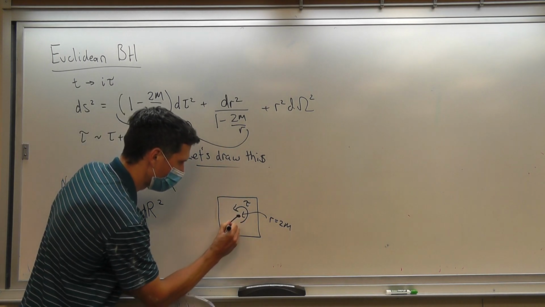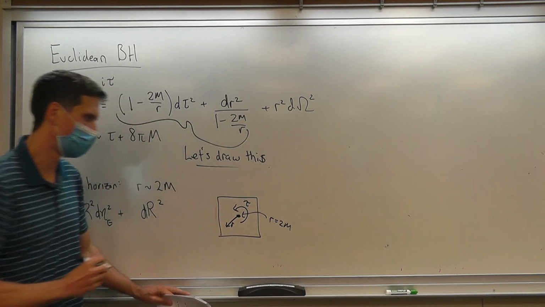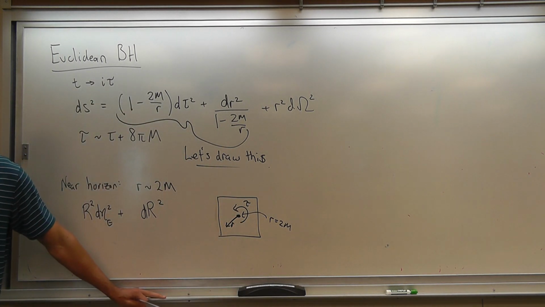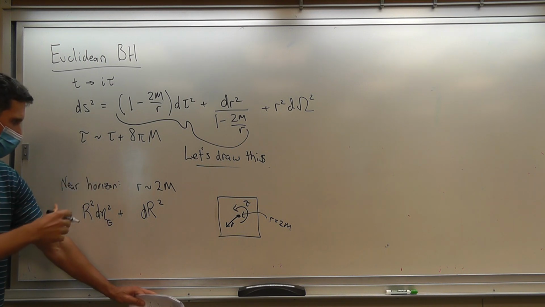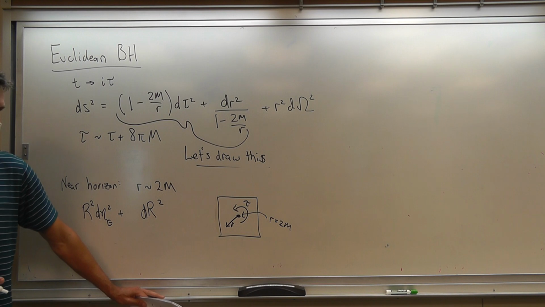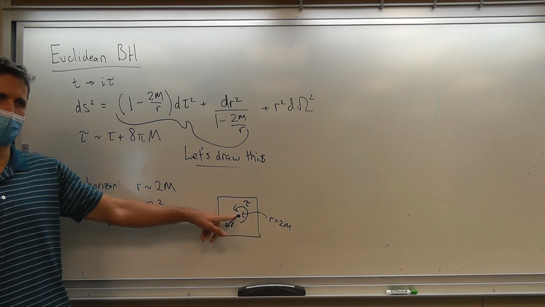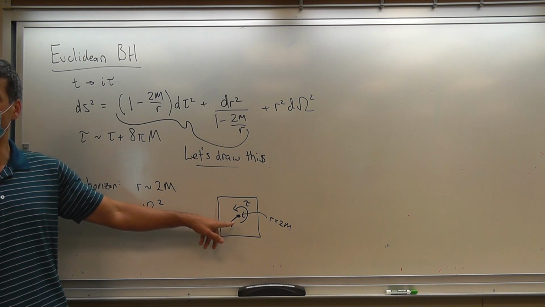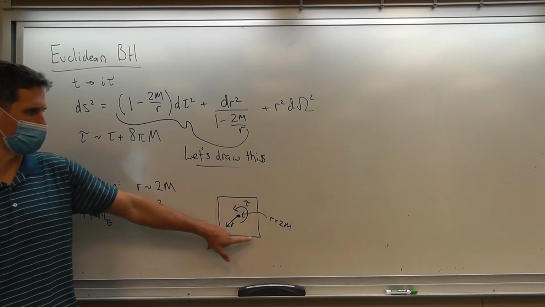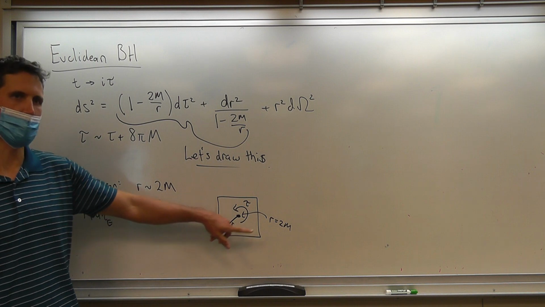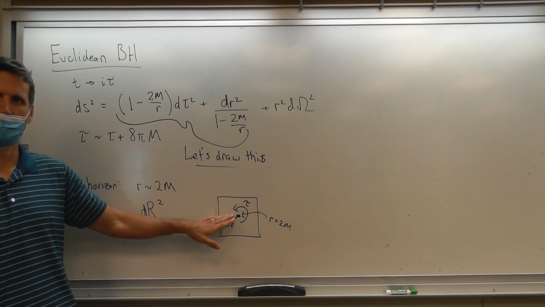So r is the radial coordinate, and tau is the angular coordinate, up to this factor of 4 pi m or whatever. So the horizon, r equals 2m, is the origin of this coordinate system. And what I'm drawing here is just a little patch of the Euclidean black hole near the horizon.